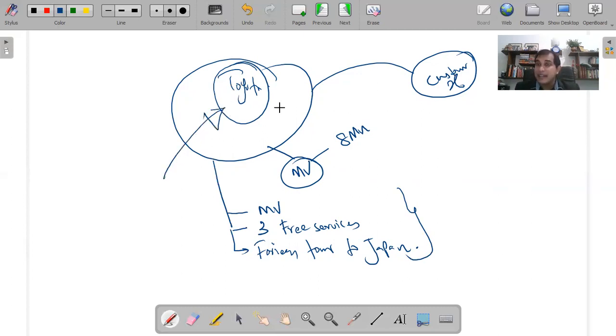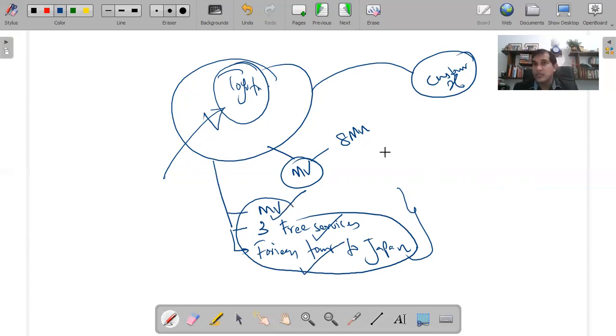Toyota company is the seller, so you need to think from that perspective. In this case, there are 3 performance obligations for Toyota: deliver the motor vehicle, 3 free services, and the foreign tour.